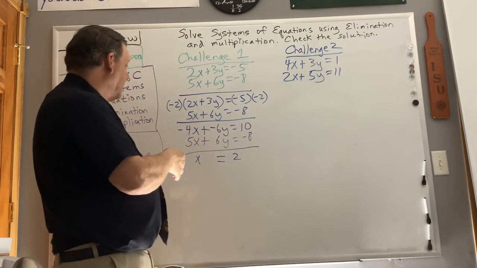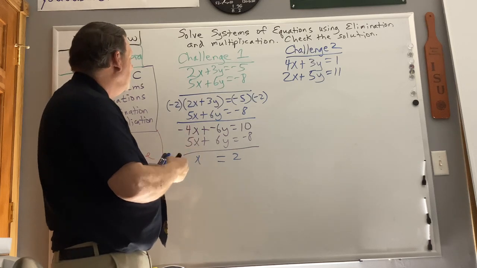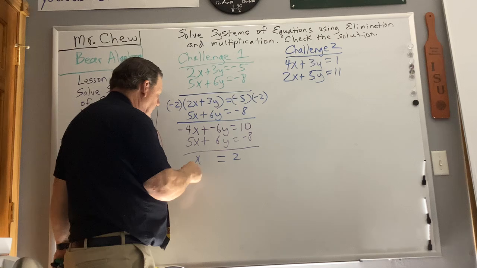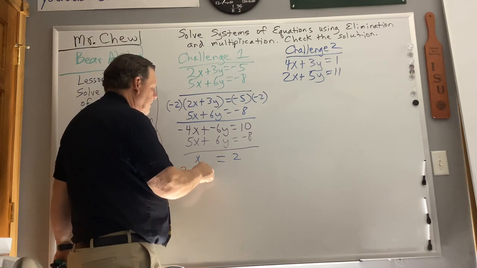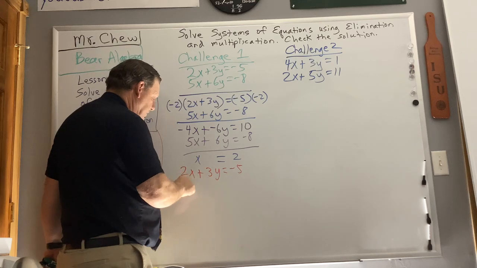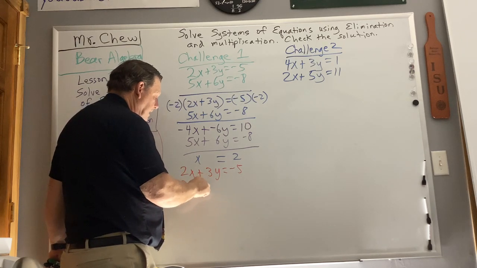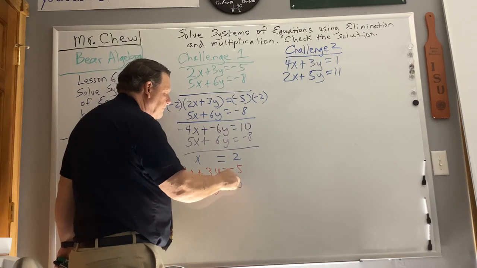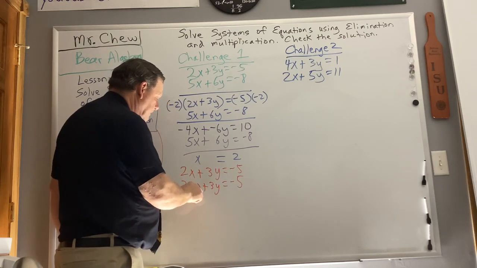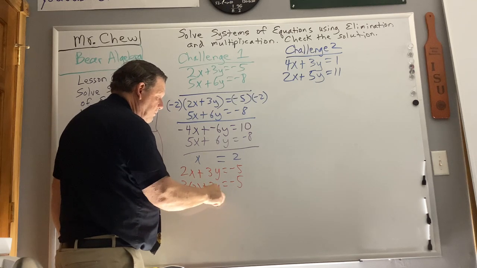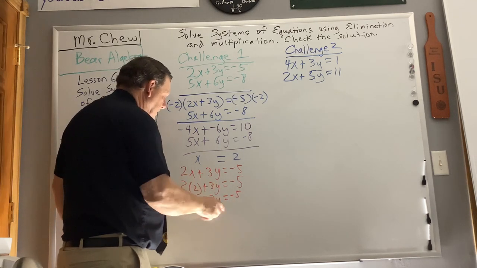So now I'm going to substitute into either equation. So let's just do the top one. 2x plus 3y equals -5, and x equals 2, so I substitute that in. Now I'm going to solve this. 2 times 2 is 4, plus 3y equals -5.